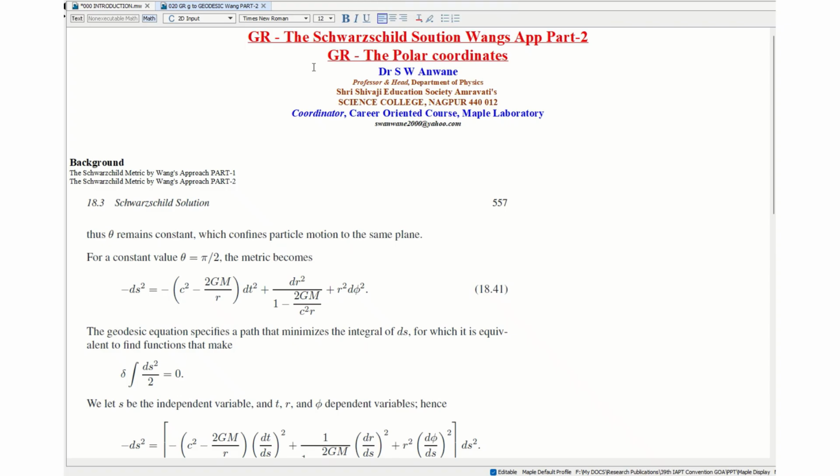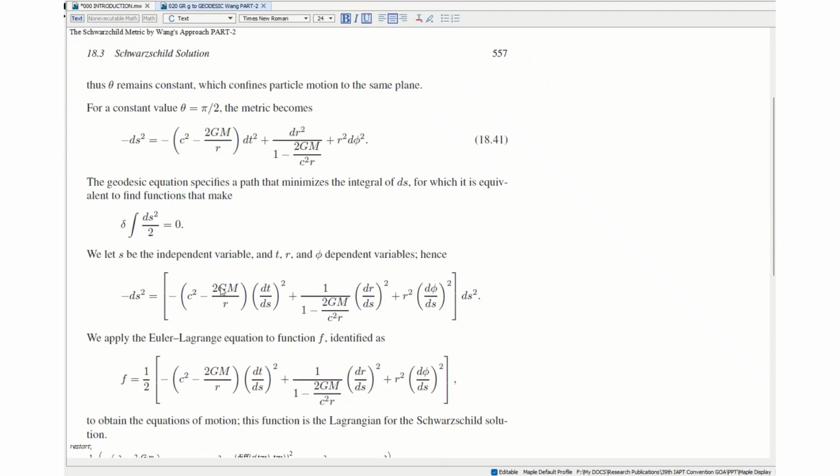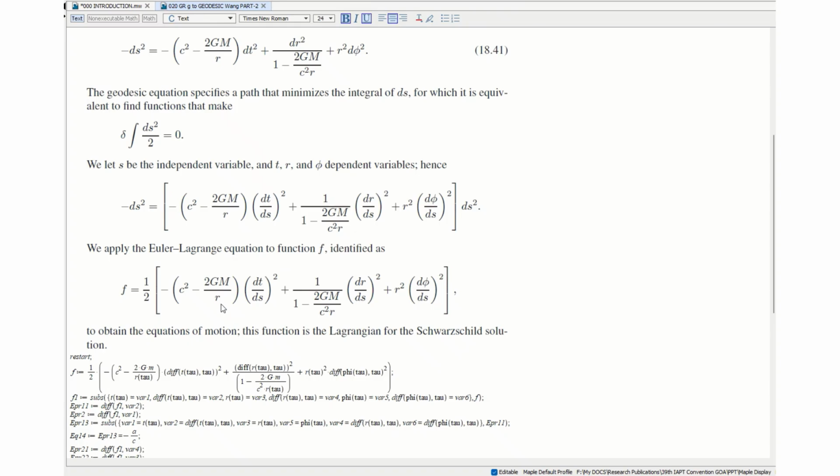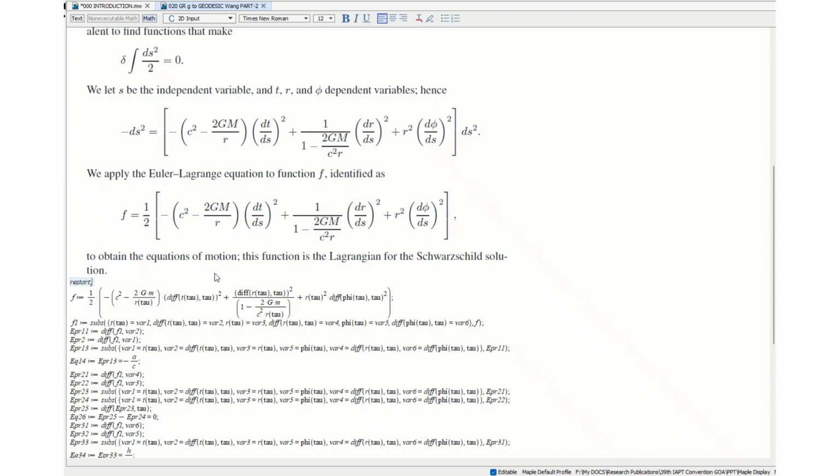Now here, I'm going to refer to Professor Wang's book where he has handled the problem in polar coordinates and he has tackled the equation to plot the geodesic equations. So the programming begins at this point.